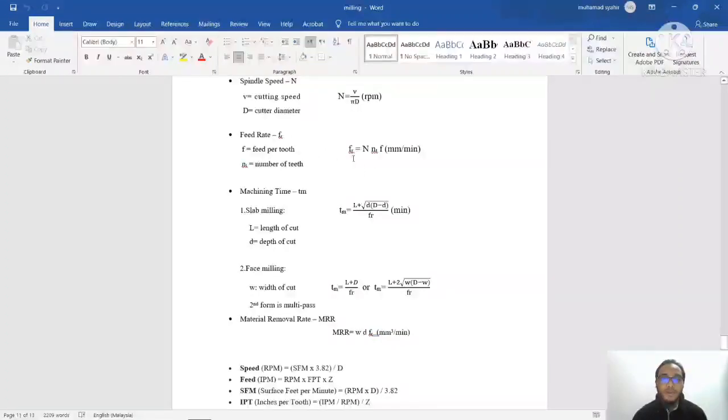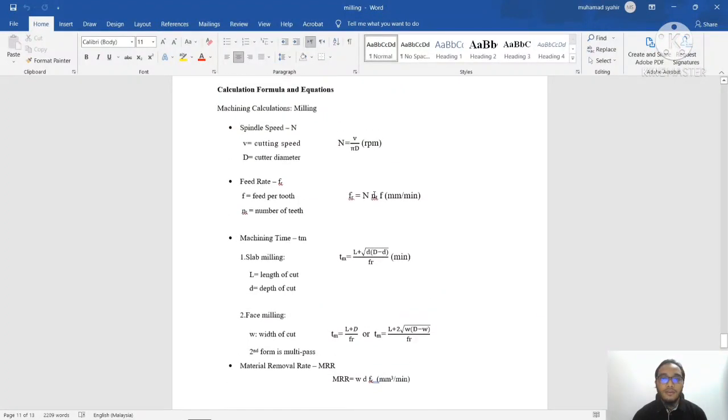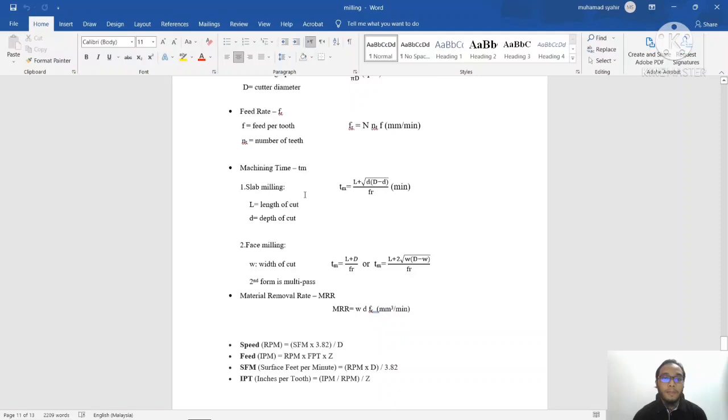The formula is feed rate equals N multiplied by NT multiplied by F, where N is the spindle speed, NT is number of teeth, and F is feed per tooth.